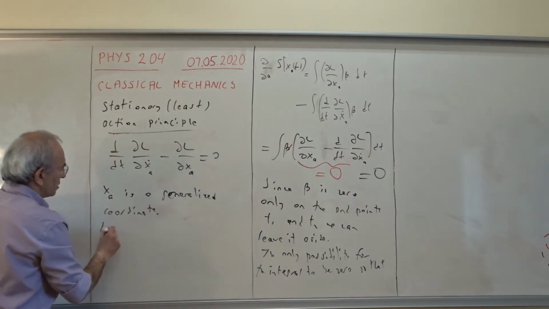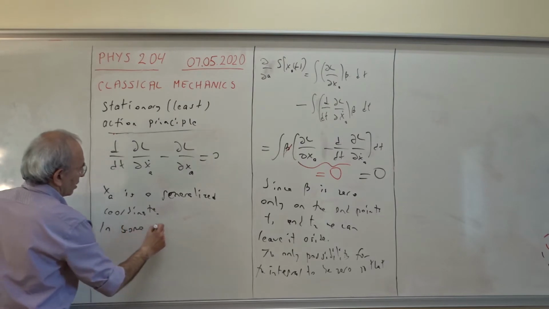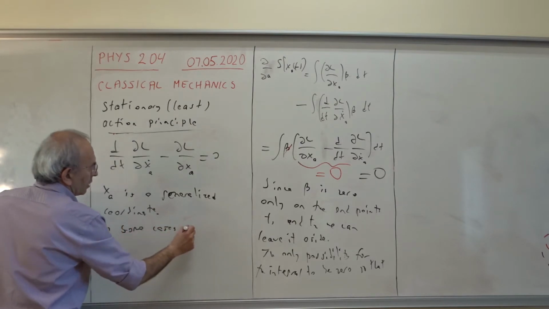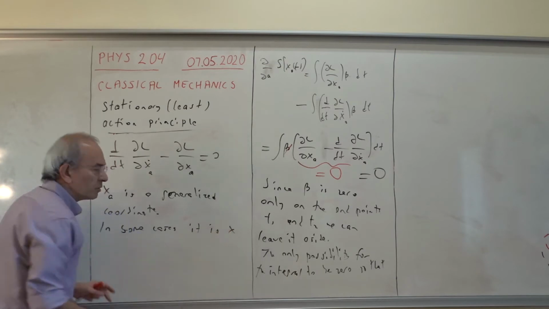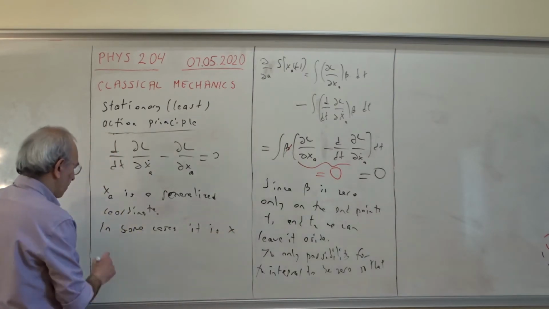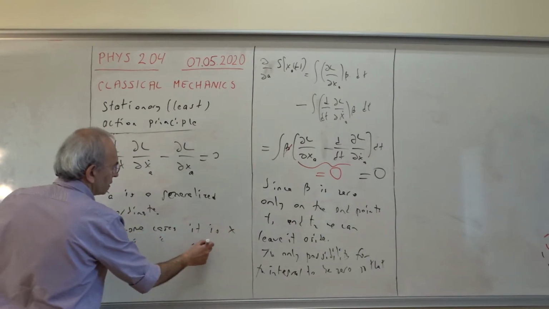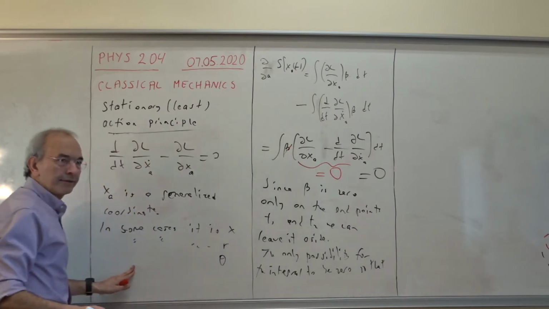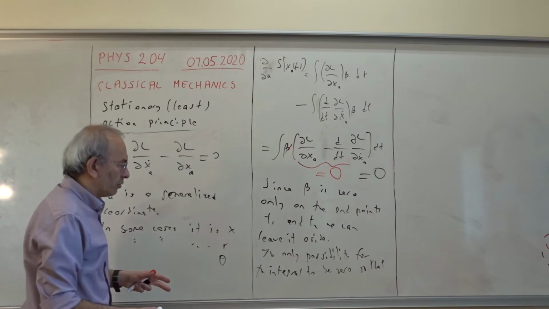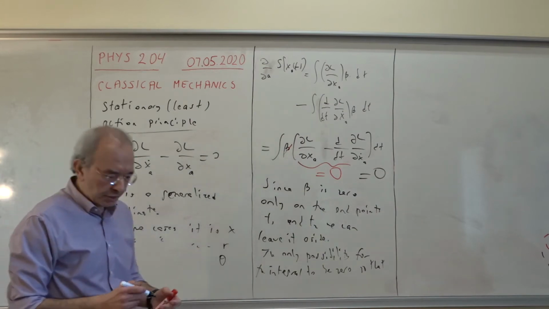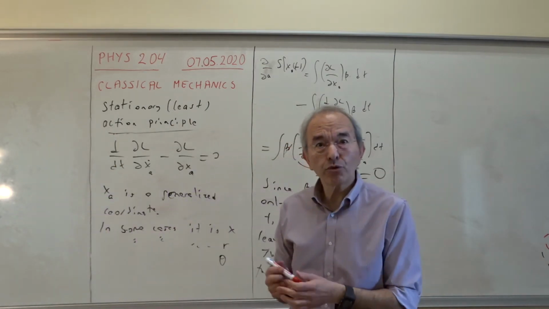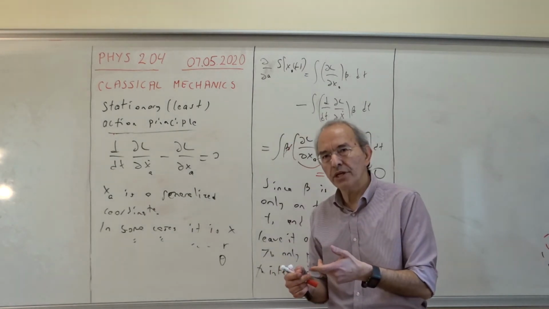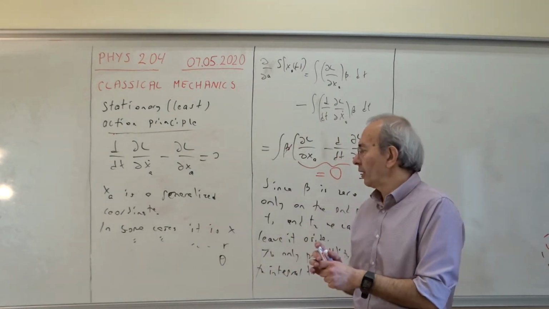In some cases it is, let's say, simply the x component. In some others it is the radius r or some angle theta. So we can have also other possibilities. xa doesn't have to be necessarily the x component. It is a generalized coordinate.